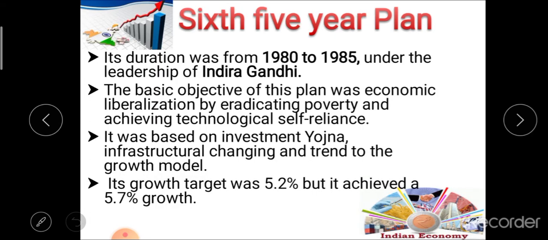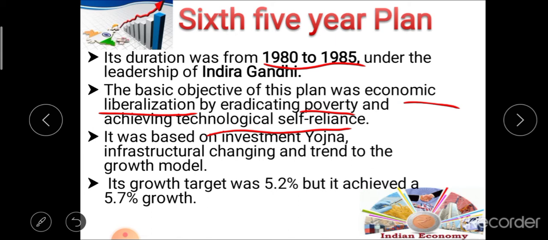Then the sixth 5-year plan, its duration was 1980 to 1985 under the leadership of Indira Gandhi. The basic objective of this plan was economic liberalization by eradicating poverty and achieving technological self-reliance.